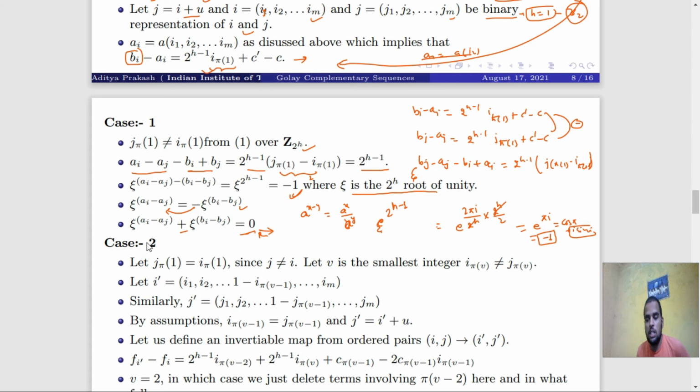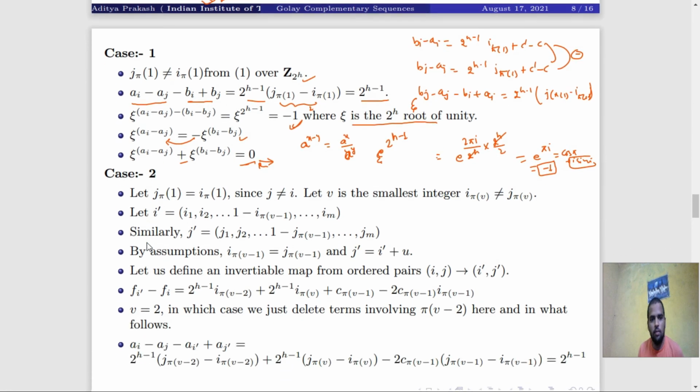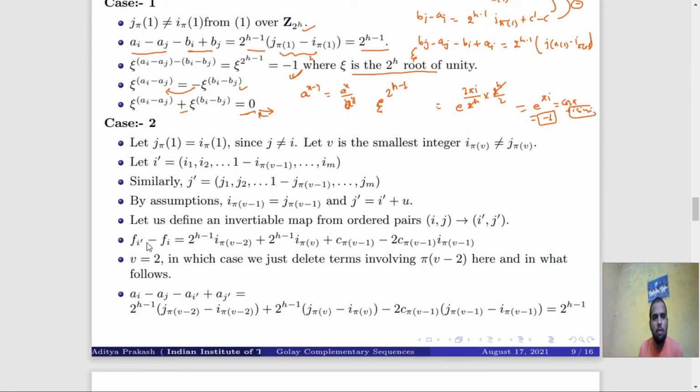That means j pi 1 is not equal to i pi 1. Then this is possible. If it's not equal, if equal, then what will happen? Now suppose we take j pi 1 is equal to i pi 1, since j is not equal to i.